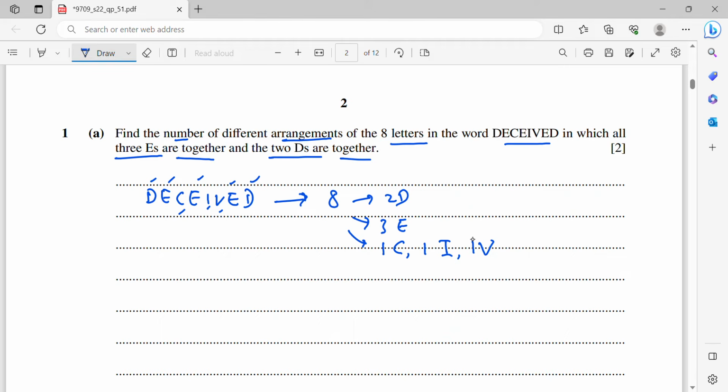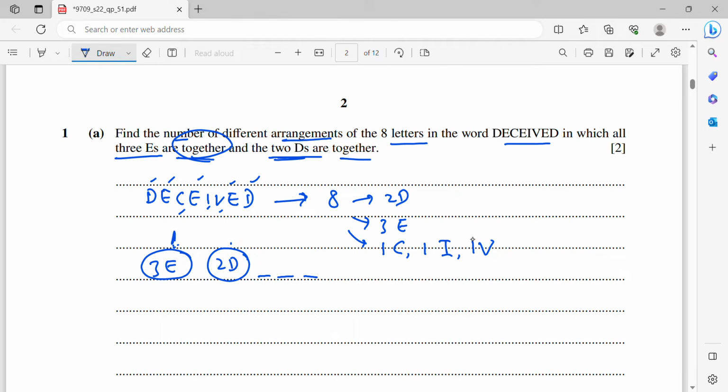Okay, so now to get 3 E's together, that means I will get 3 E's in a group and then 2 D's in another group. But it doesn't mention that it must start with 3 E's, alright? So basically we treat the 3 E's as one group.